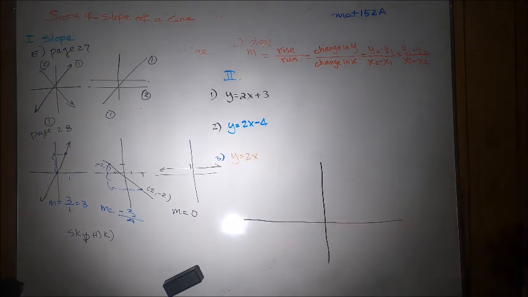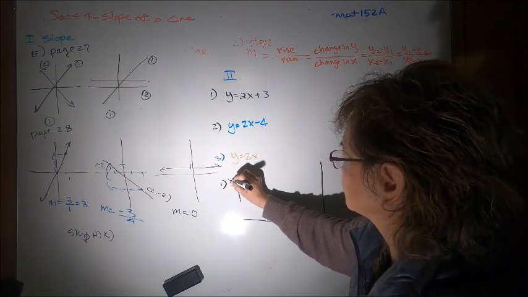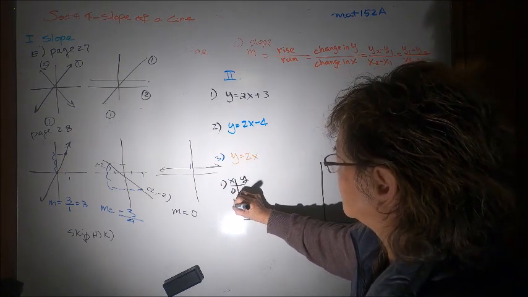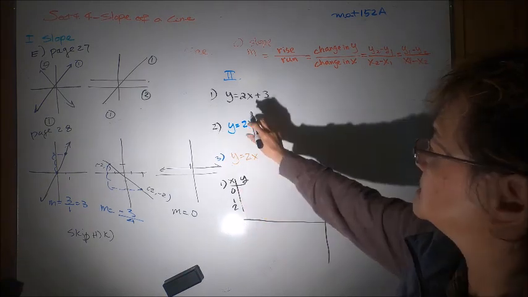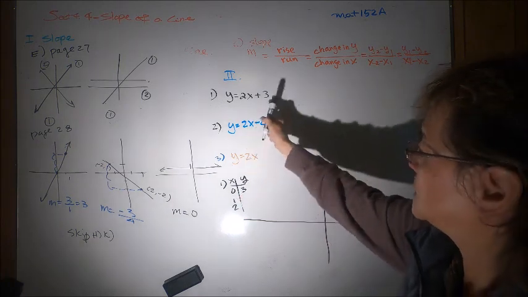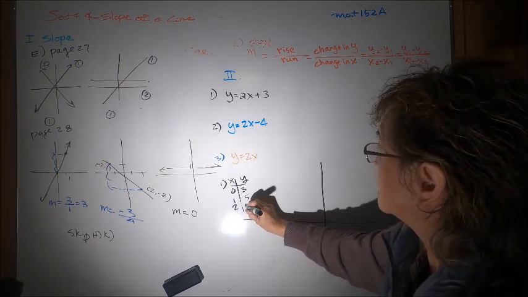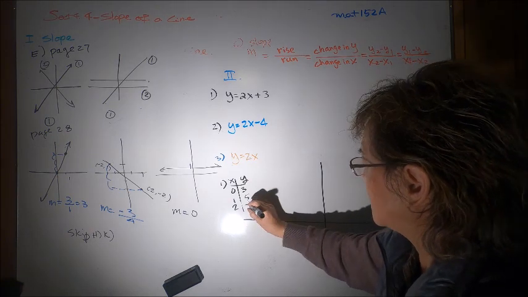Okay, so for the first one, we are going to do a t-table. x is 0, 1, 2. So you plug in x is 0, 0 plus 3, that's 3. x is 1, y is 5. x is 2, y is what? 7, right?